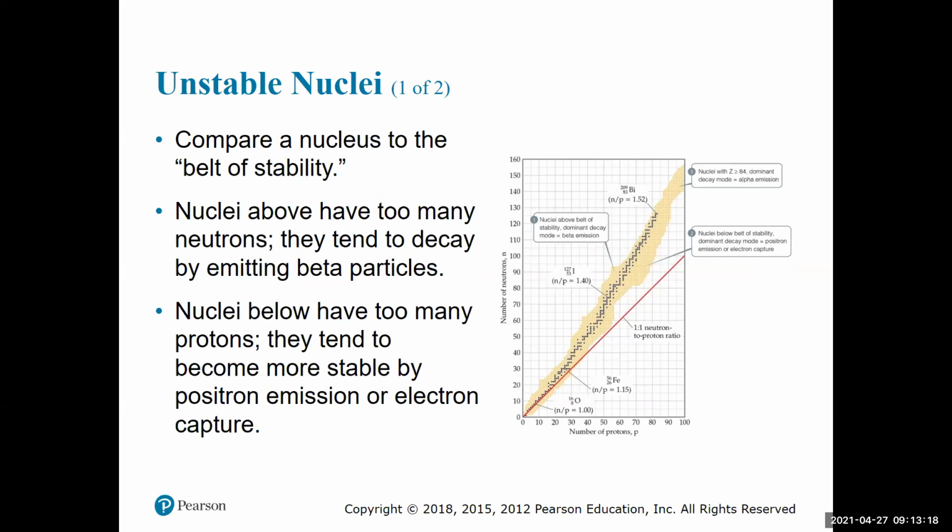And if you think about it, that makes sense. The protons are positive charge, and these processes are adding negative charge to balance things out. Depending on whether you're above or below, it's a different process occurring. But what is the same is that if you're above or below this belt of stability, something's going to happen, okay?